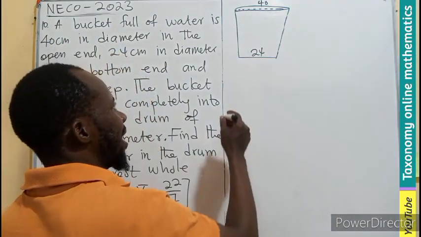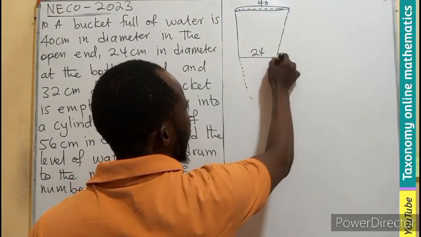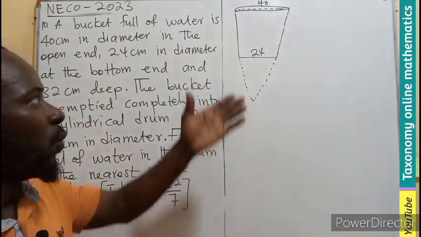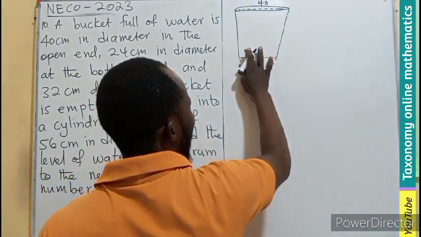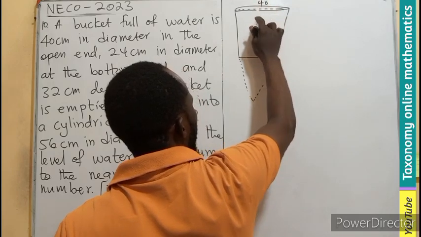So we can extend this so that we can easily call this a cone. If we call it a complete diagram, that will be a cone. Let me draw a line dividing this into 2.